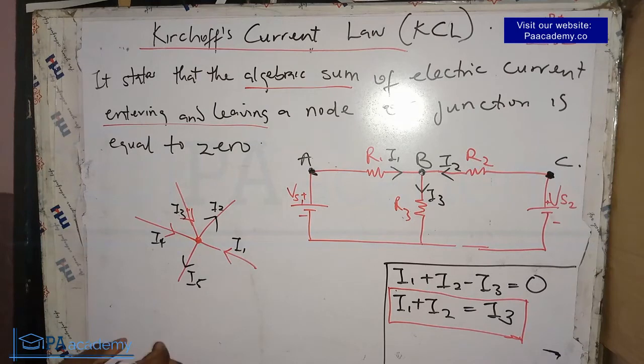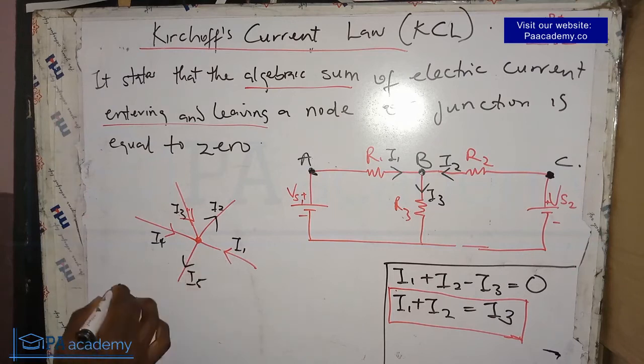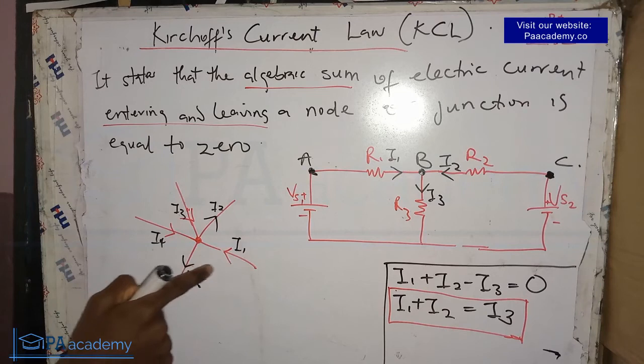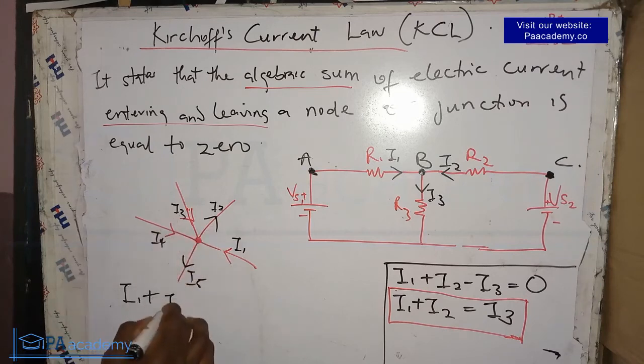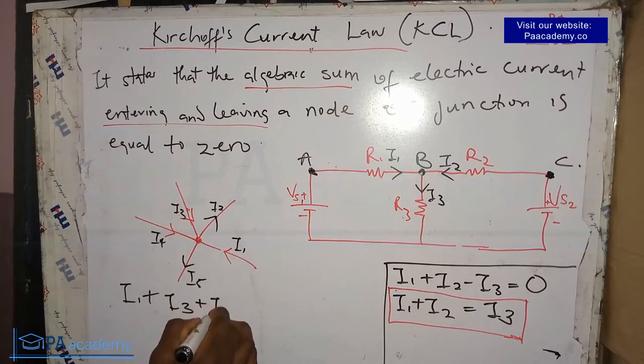What it basically means under Kirchhoff Current Law is that the addition of the incoming currents, which is I1 plus I3 plus I4, is equal to the outgoing current. Let me write that these ones are incoming.